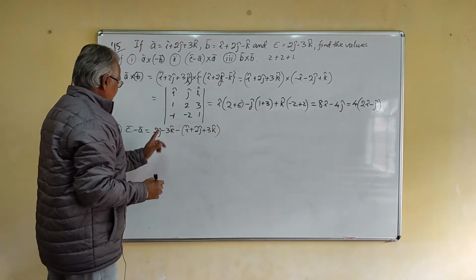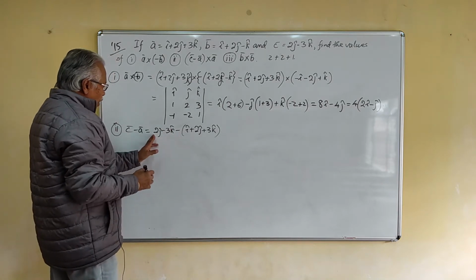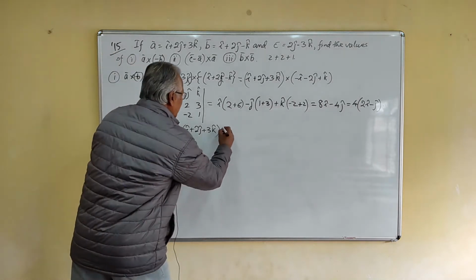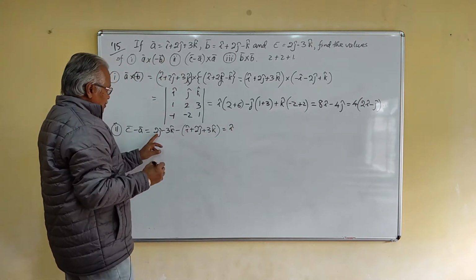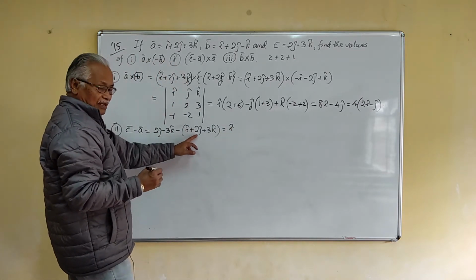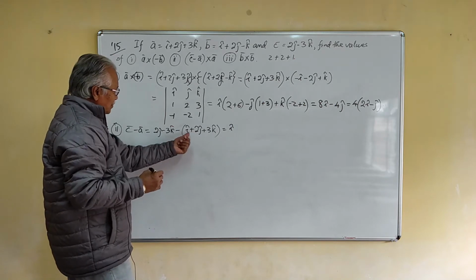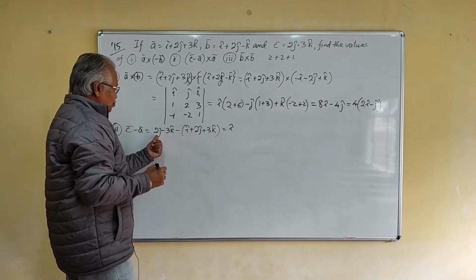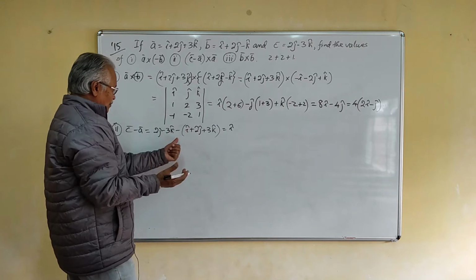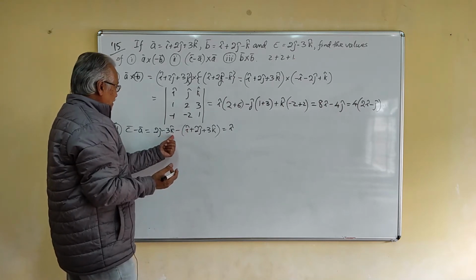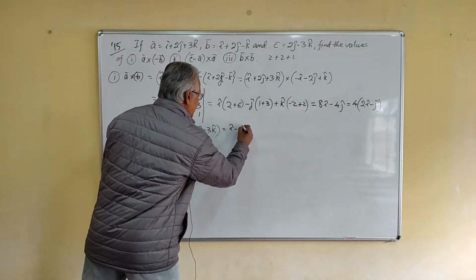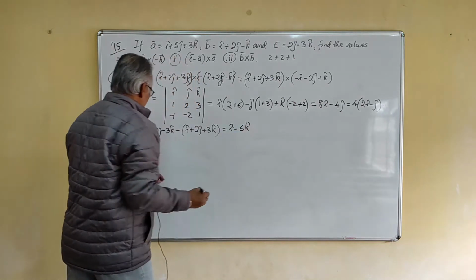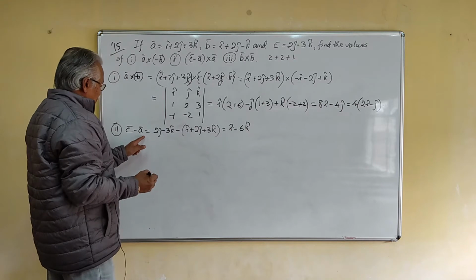Okay, we're subtracting this. There is no i here, so minus i will come into the picture here. Then 2j minus 2j will vanish. Minus 3k and minus 3k will give you minus 6k. Is that right? That's the value of C minus A.